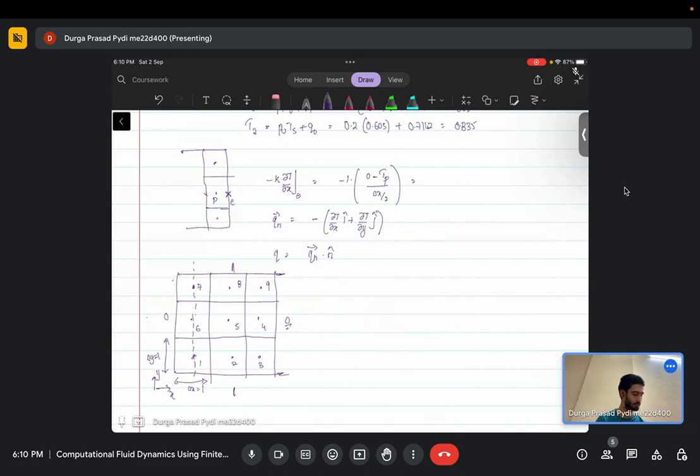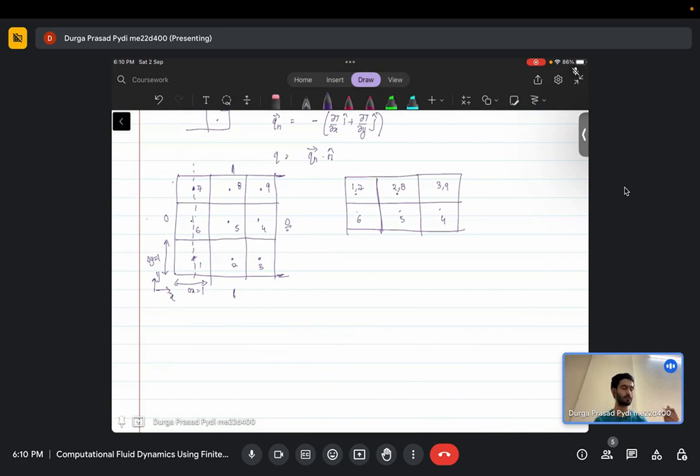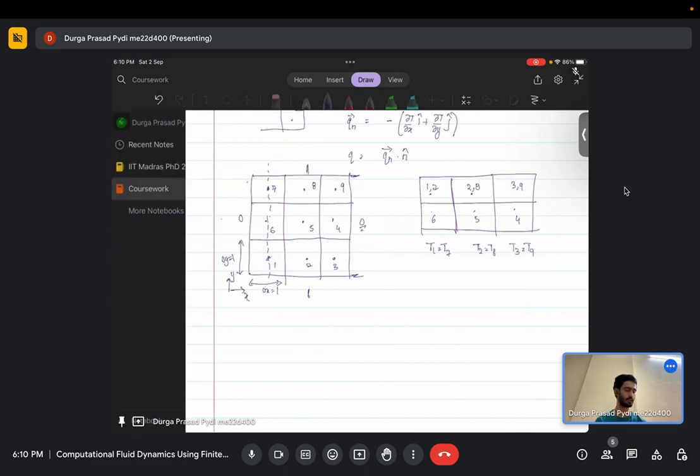When I roll this up, your 1 and 7 will be the same, 2 and 8 will be the same, 3 and 9 will be the same. You just have 6, 5 and 4. When you write equations for that, it will be very similar to the previous case. The only difference is now your T1 will be equal to T7, T2 will be equal to T8 and T3 equals T9. That's the only difference between this and the normal TDMA.